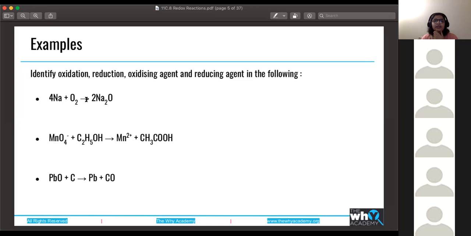All right. So some practice based on reduction and oxidation. For the first reaction, can you identify what's happening? Is it reduction or oxidation? Which element is undergoing reduction? Which element is undergoing oxidation?